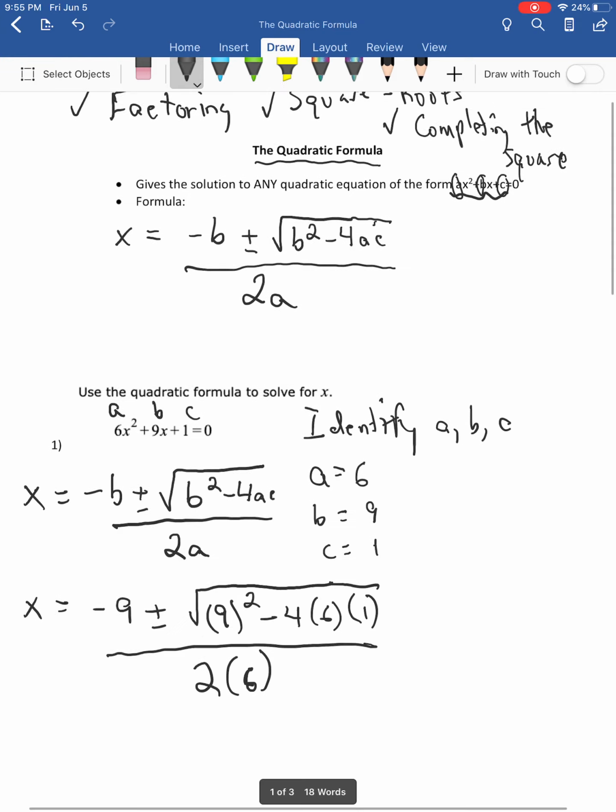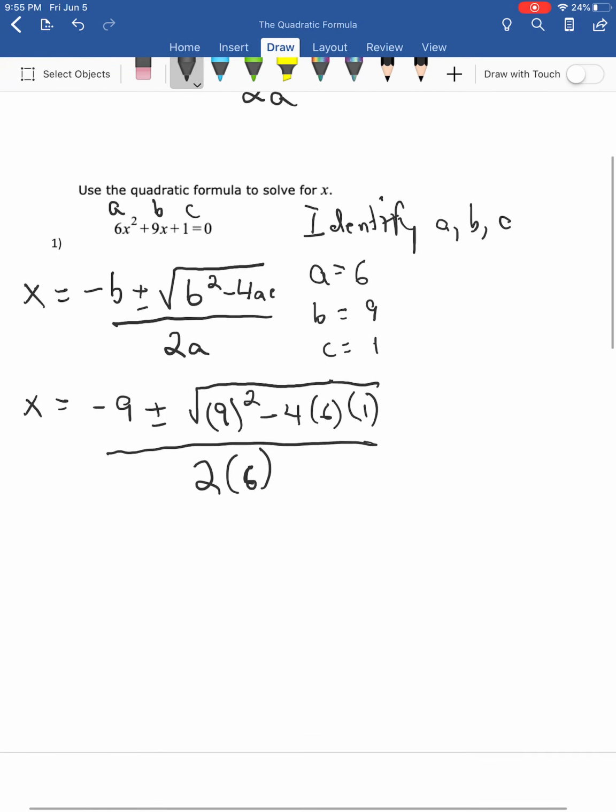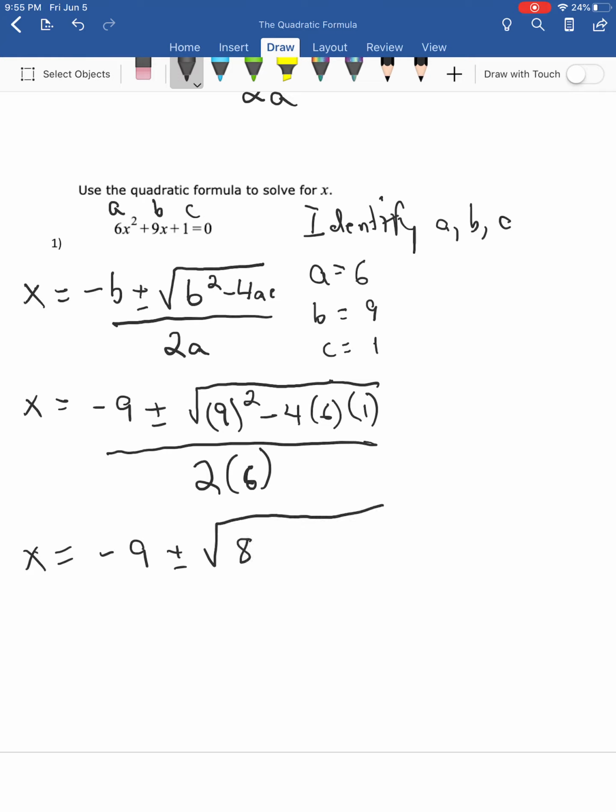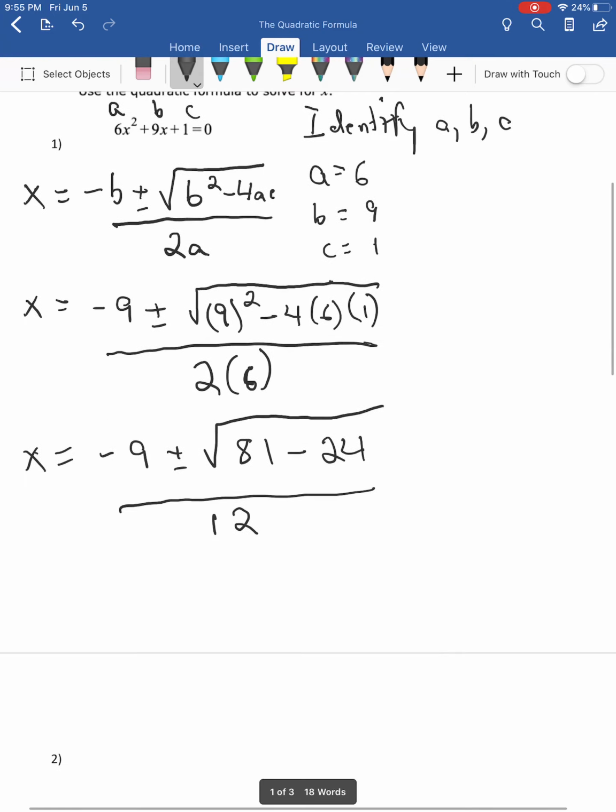All right, let's clean this up. x equals negative 9 plus or minus the square root of 9 squared, which is 81, minus 4 times 6 times 1, which is 24, over 2 times 6, which is 12.